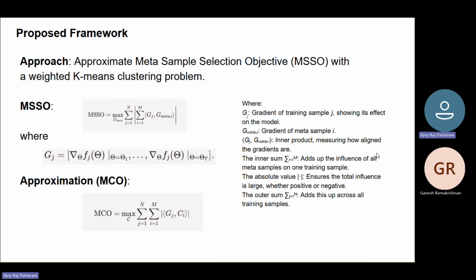So we use MSSO, the meta sample selection objective, for extracting that data set from the given training set.